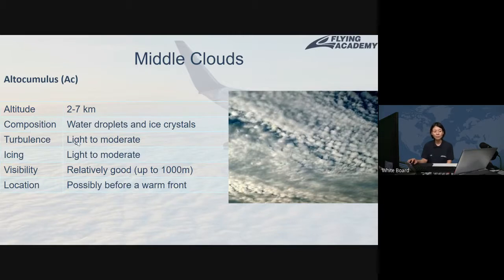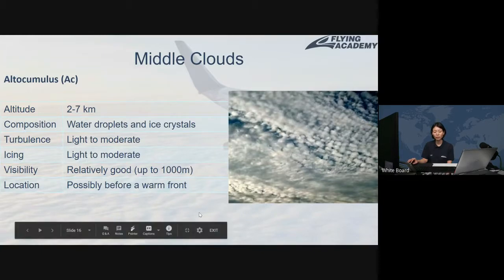Turbulence can be there because it is a cumulus, light to moderate. There is an updraft force and also moisture inside, so icing can happen, light to moderate, and turbulence can be light to moderate as well. Visibility, if you are not really inside the cloud, is going to be okay. And location, one front, I'm going to discuss later.